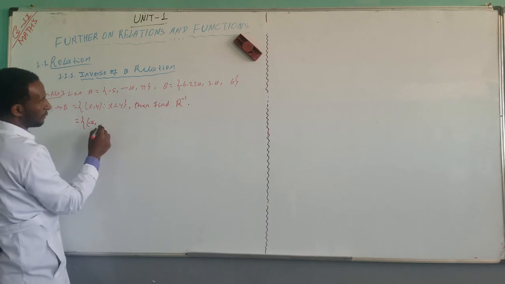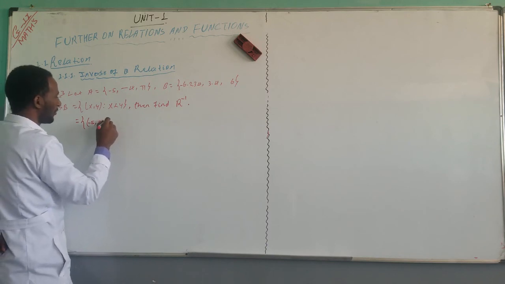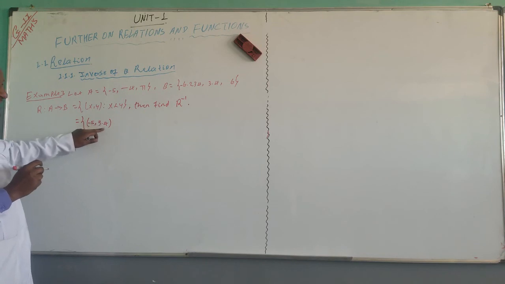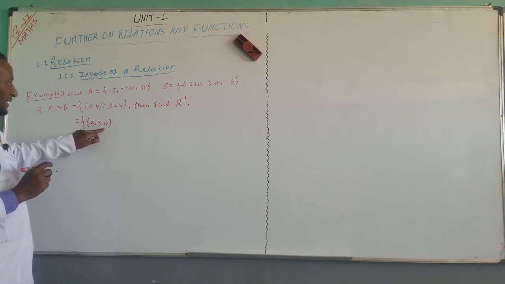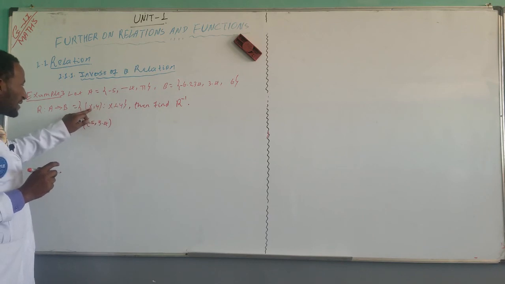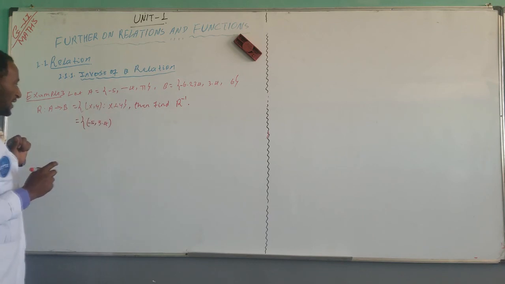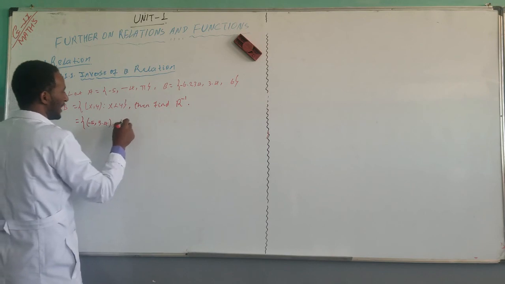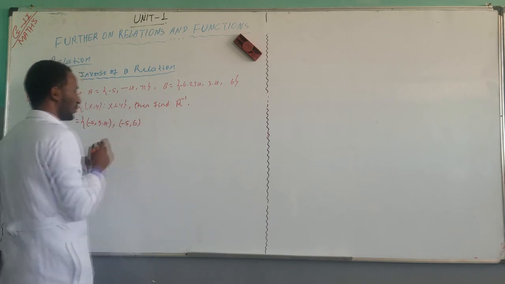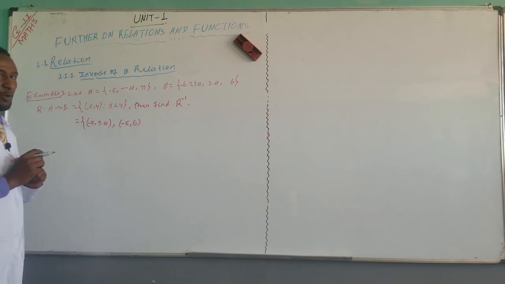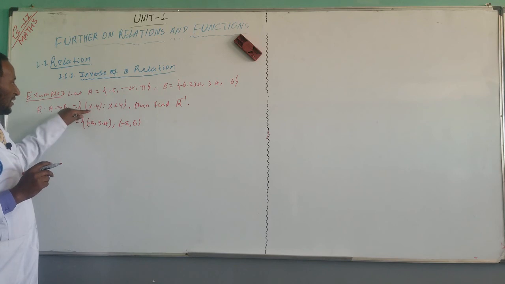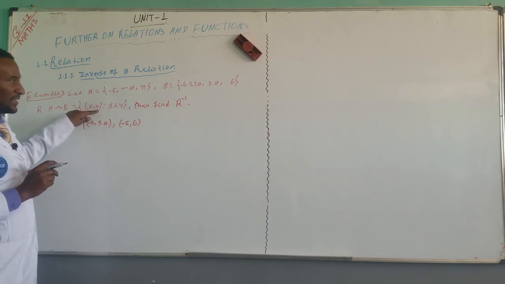Then we can put 3.4, because the first entry is less than the second entry, that means x is less than y. When we put x as first entry and y as second entry, then (-5, 6), because -5 is less than 6.